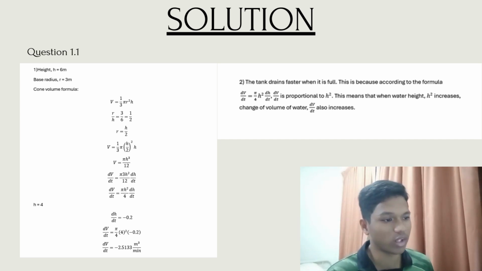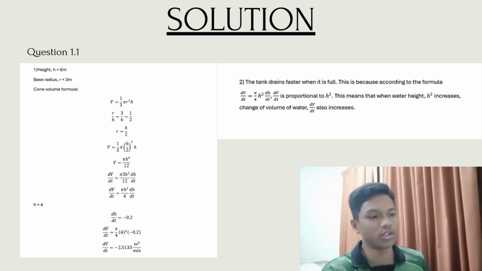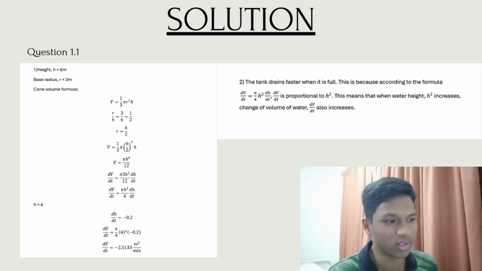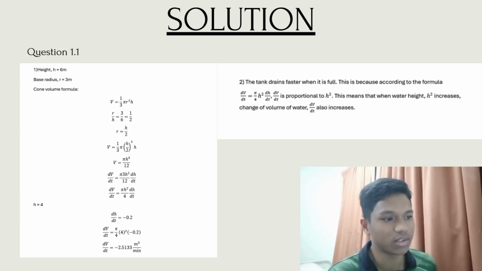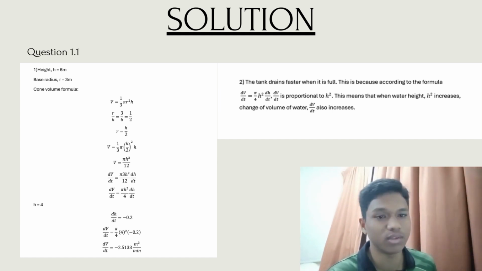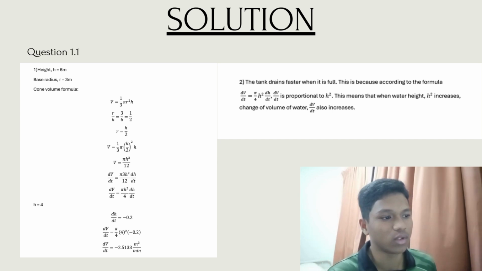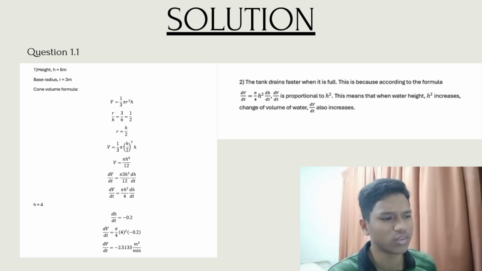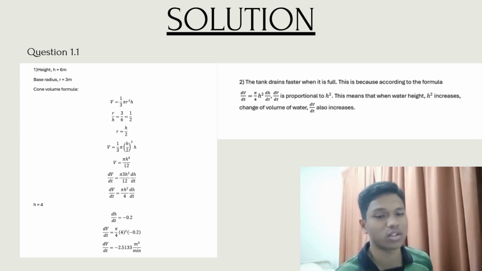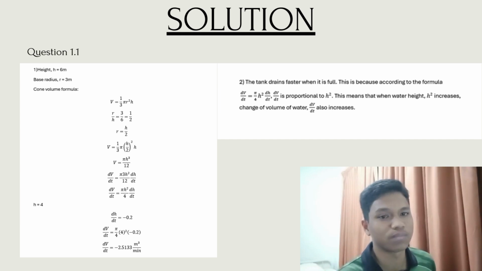First, we have a few pieces of information to extract from the question. The height h is 6 meters and the base radius r is 3 meters, and this will be useful to find the volume of the cone.